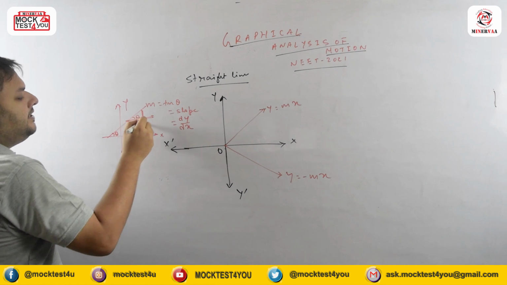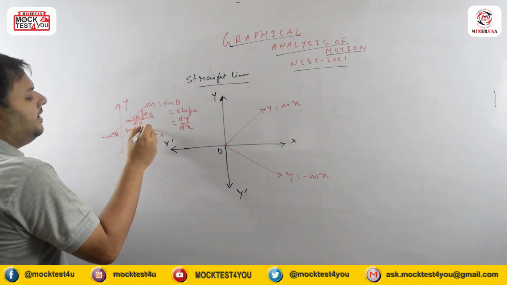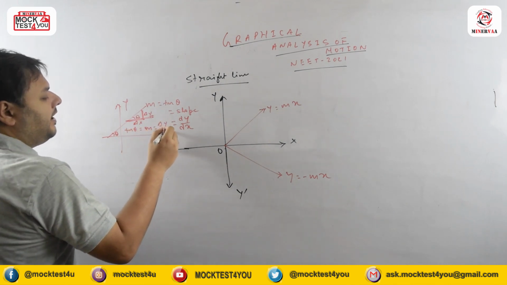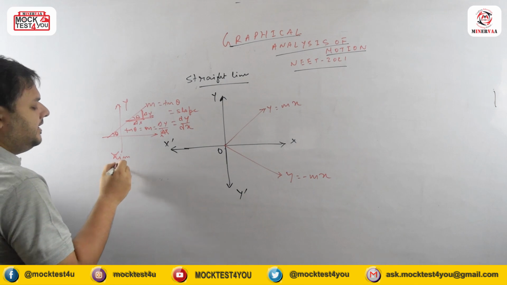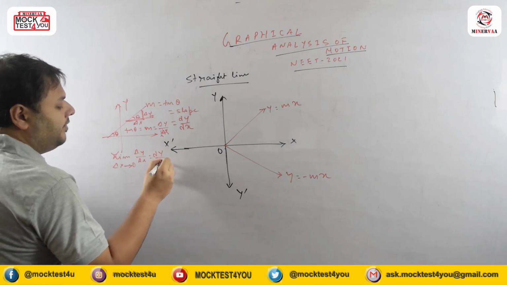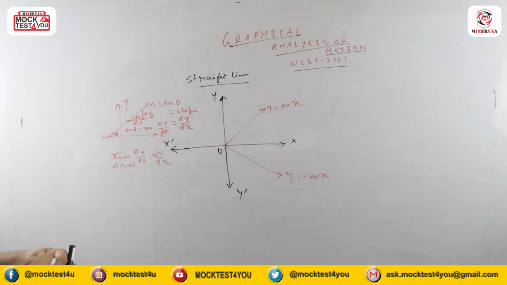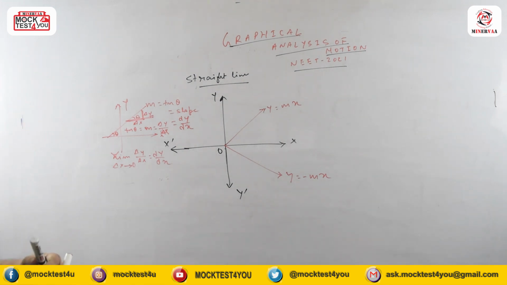At any point, if this is delta x and this is delta y, and delta x tends to 0, then the slope tan theta, that is m, is delta y by delta x, and in the limit delta x tends to 0, we all know delta y by delta x will be dy/dx. So dy/dx is also represented as the slope of a graph, obviously the xy graph, and if dy/dx is yielding a constant value, then the graph is obviously a straight line. Now we got y equals mx, and y equals minus mx.